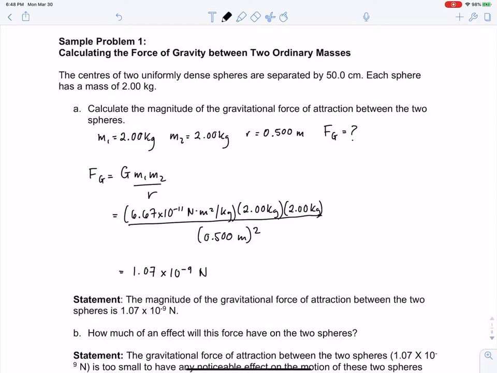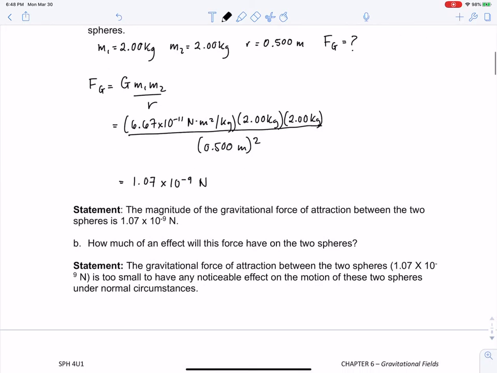Therefore, the magnitude of the gravitational force of attraction between the two spheres is 1.07 times 10 to the power of negative 9 newtons. How much of an effect will this force have on the two spheres? Well, the gravitational force of attraction between the two spheres, which is 1.07 times 10 to the power of negative 9, is too small to have any noticeable effects on the motion of these two spheres under any normal circumstances.